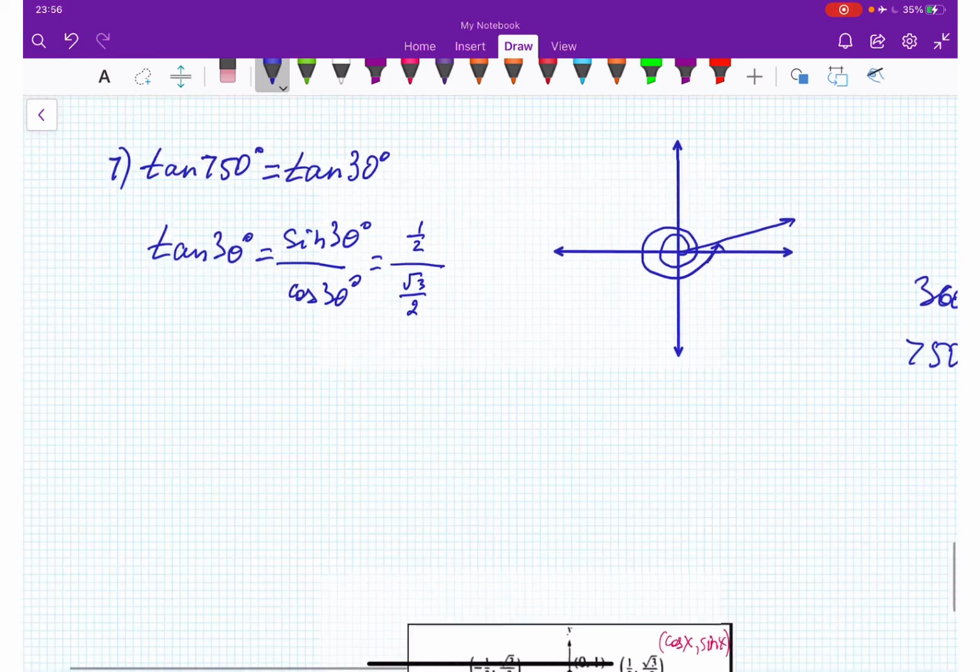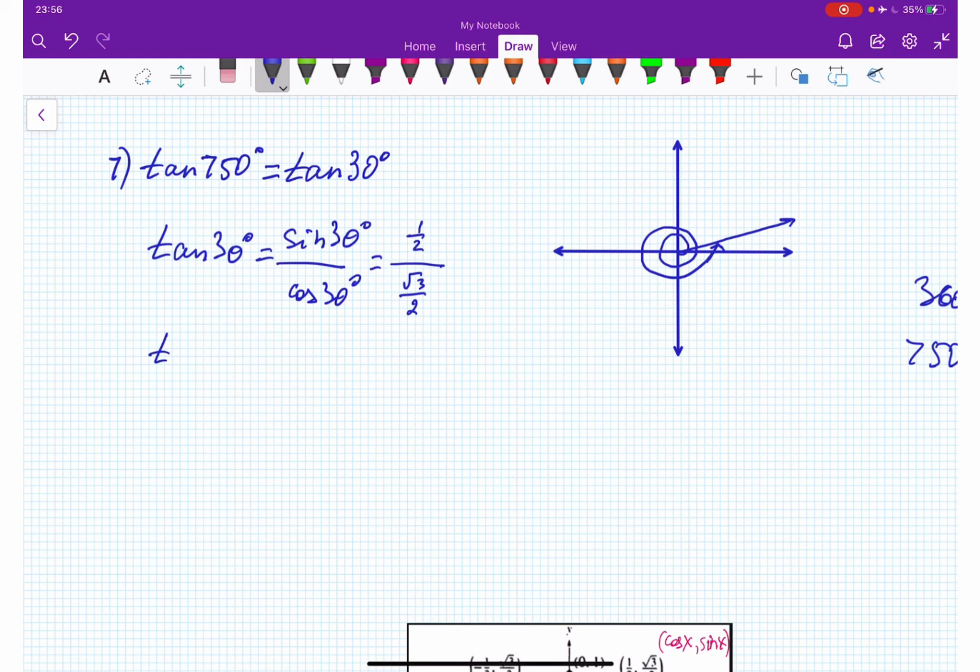Okay, so tangent 30 degrees is equal to 1/2 divided by square root 3 over 2. We get 1/2, we flip the second fraction, right? 2 and square root 3. So 2 and 2 are gone. Now we are going to rationalize.